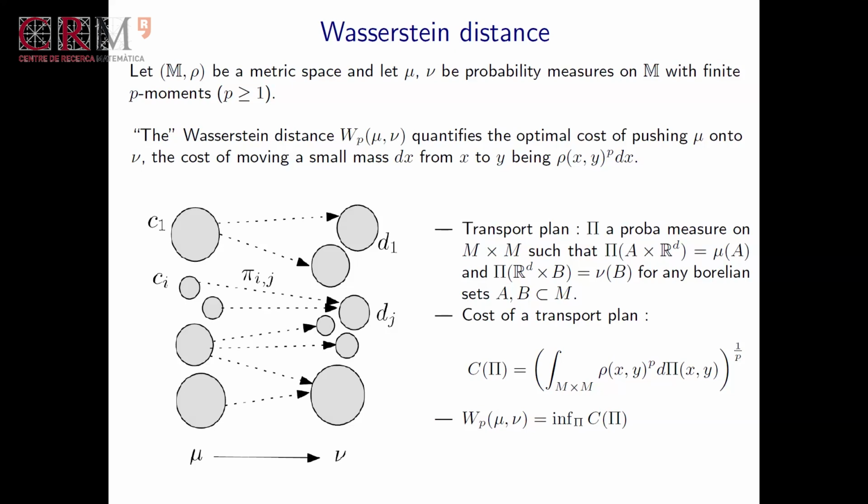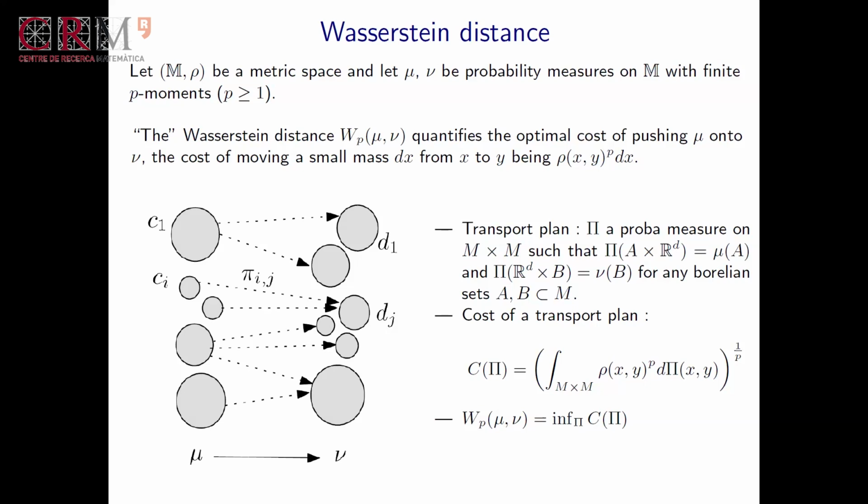So just to give you the definition in a few words. This is a metric that measures the cost: if you have two probability measures that you can see as two distributions of mass in some metric space, and you decide to have a cost when you move one unit of mass from one point to another.